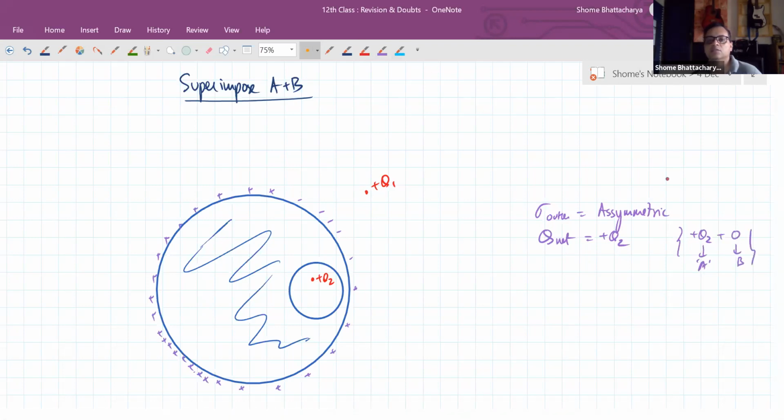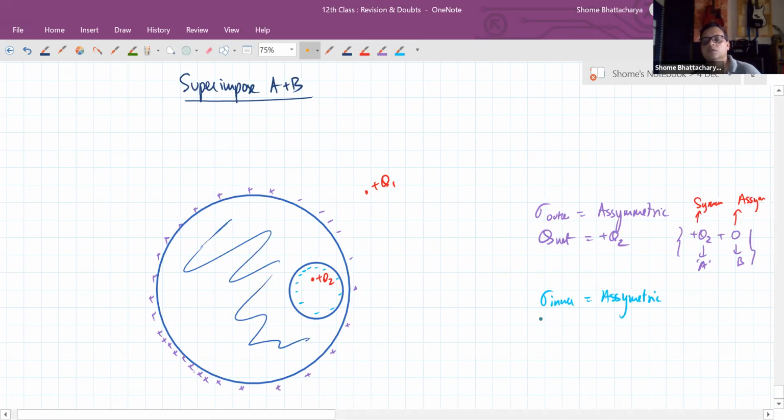Okay. But this was symmetric. This was highly asymmetric. So their combination becomes asymmetric. Okay. Whereas on the inner surface, we will see that there is just that event A's situation. Okay. Sigma on the inner surface will also be asymmetric.